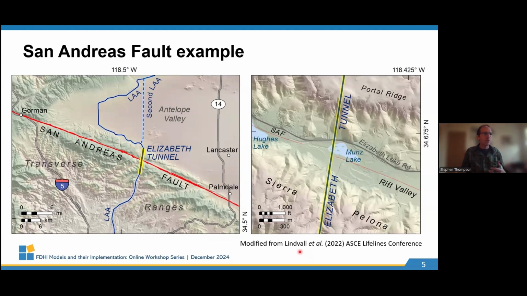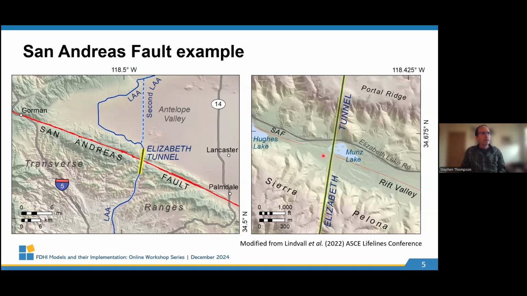These slides, by the way, and some of these topics are summarized in a paper by Scott Linvall and others, again, for the ASCE Lifelines Conference. But zooming in on the Elizabeth Tunnel, this is a facility that crosses the San Andreas Fault at depth.